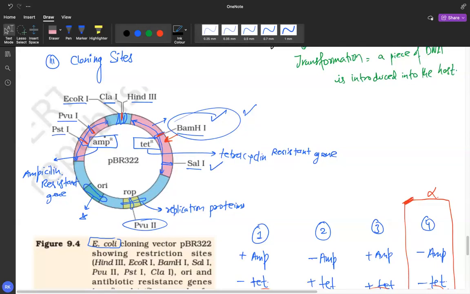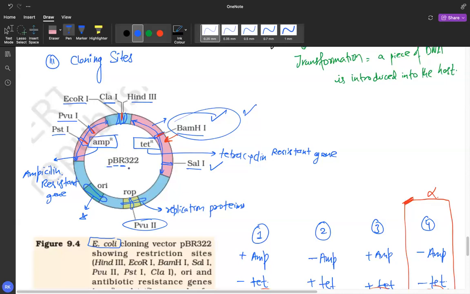I'm forgetting who the discoverers were, but B is, I think, Bolivar. R, I forgot. There are two discoverers who discovered this plasmid and figured out that it can be used. So P is plasmid, B is the first discoverer's initial, R is the co-discoverer's initial. So plasmid, Bolivar, something R.